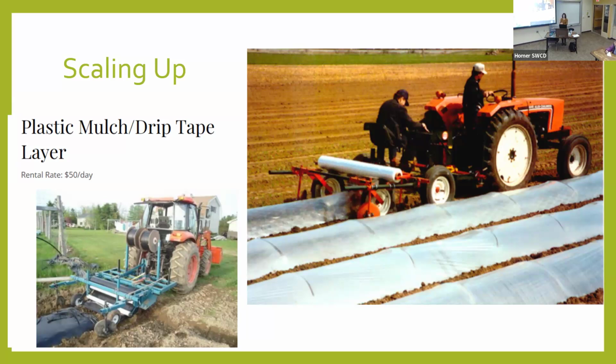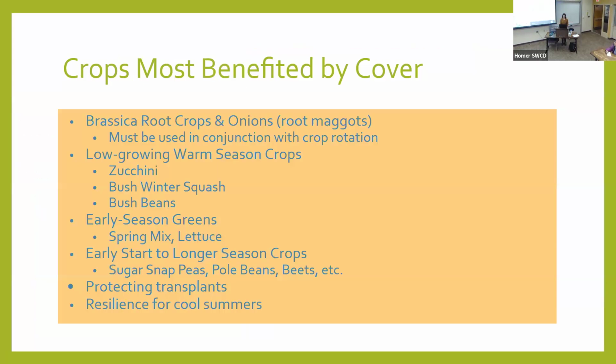And the way these work, in that red tractor picture, there's a disc that throws dirt over the edges, and I don't know how it works if you want to use support hoops. I think a lot of times they're just putting it right over the plants, but anyways.